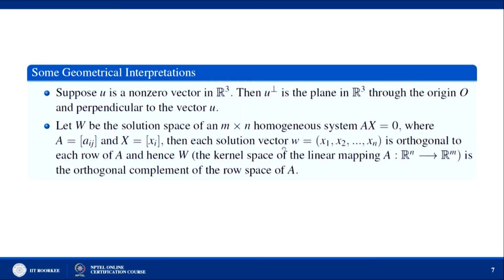So each solution is orthogonal to each row, because the inner product of the row and x is 0, and hence W is the orthogonal complement of the row space of A. This W, the solution space, is simply the orthogonal complement of the row space of A. The row space is the space generated by the rows of A. So, this is all about inner product space.